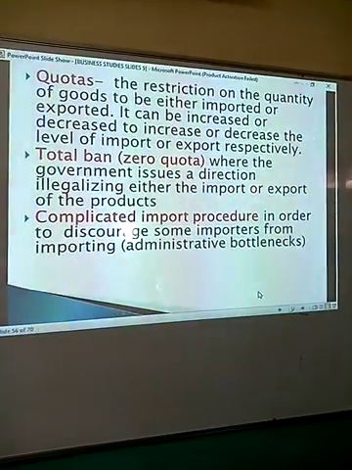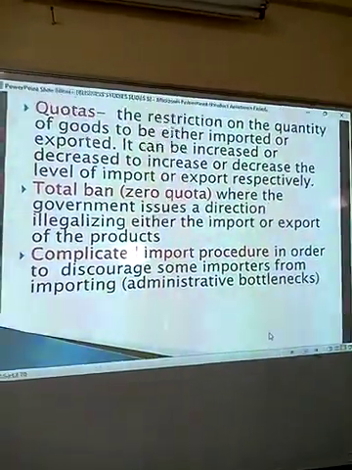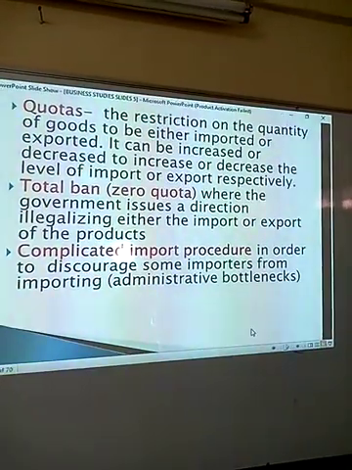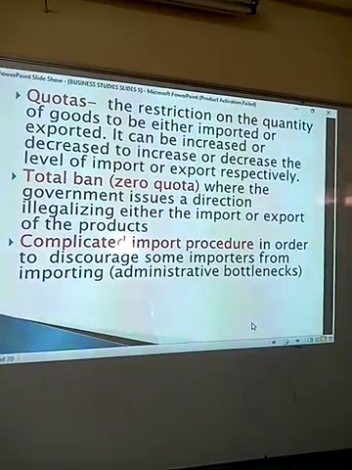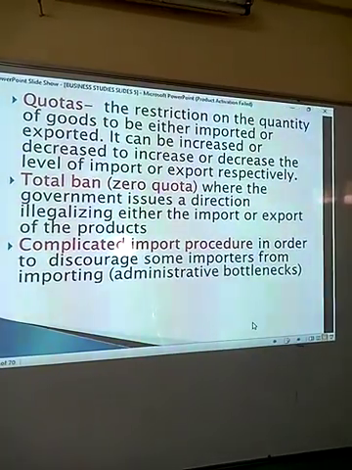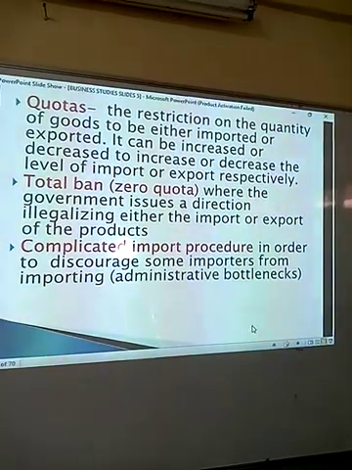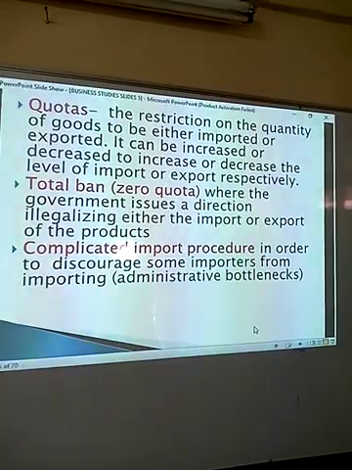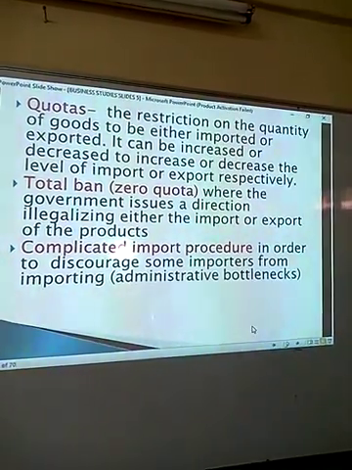And mostly it is a tax that is levied on the commodities of goods that are to be imported. Now, it can be increased or decreased to increase the level of import or the level of export, depending on what a country wants to achieve.